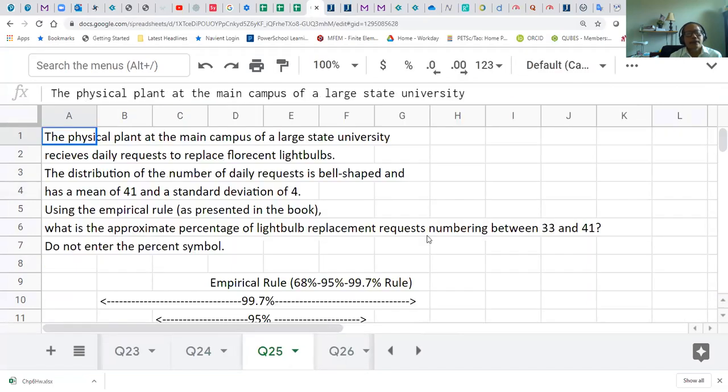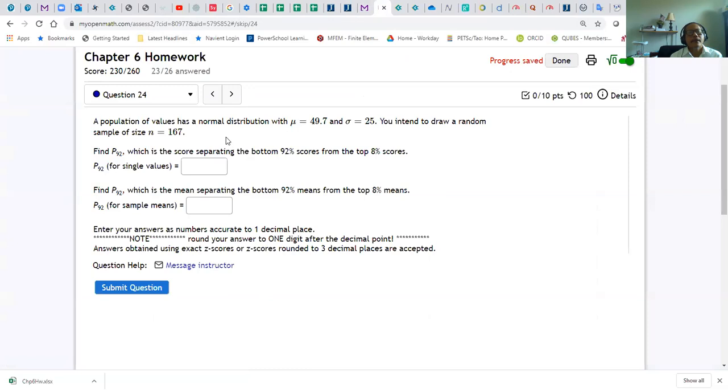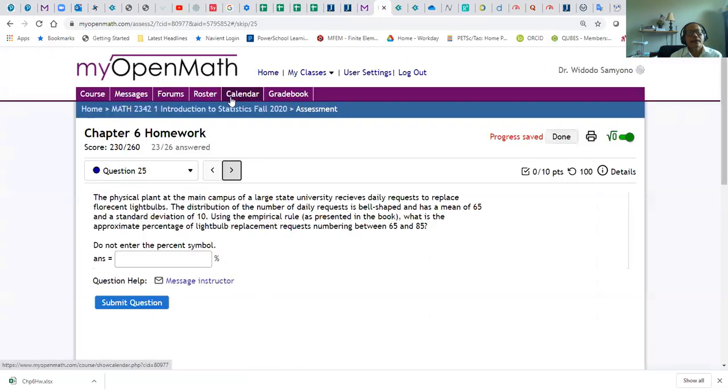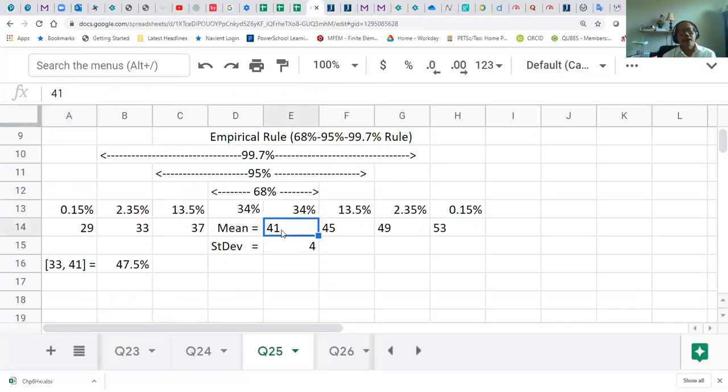Let's go to number 25 here, okay. So this is the empirical rule that we discussed earlier in this class. First you need to put what is the mean. In this case, the mean is 65, the standard deviation is 10, right?